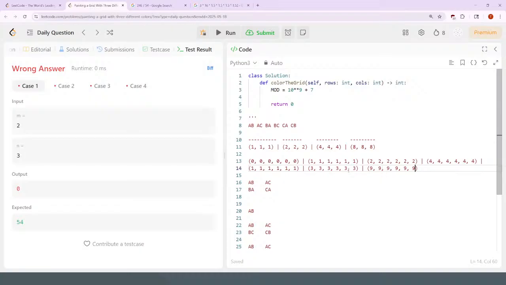So the number of ways I can end up being A, B here.